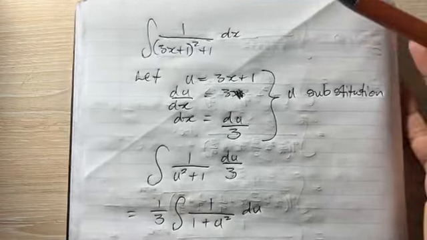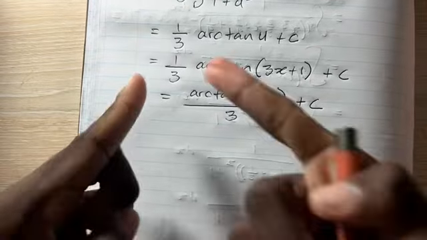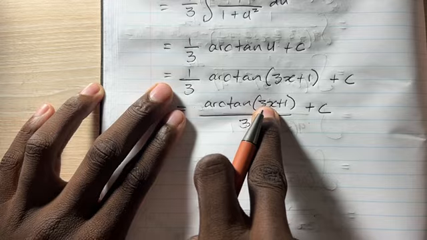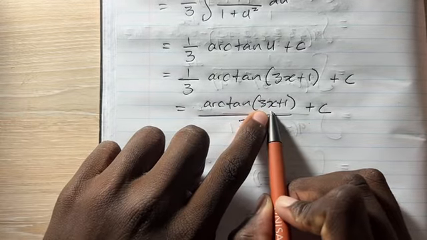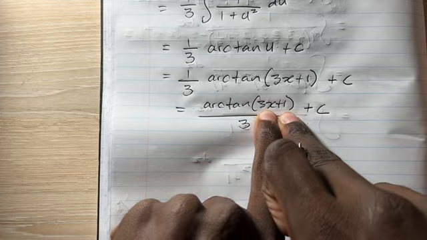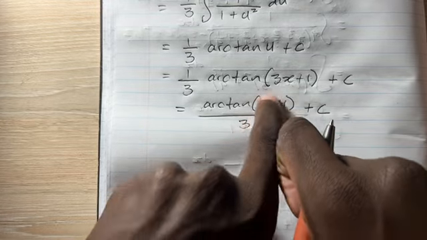Okay, let's check if we can get this by differentiating, because you should be able to move forwards and backwards between integration and differentiation. If we were to differentiate this, you would have to use the chain rule. The inside function is 3x plus 1. The derivative of that is just 3, so the 3's would cancel out.